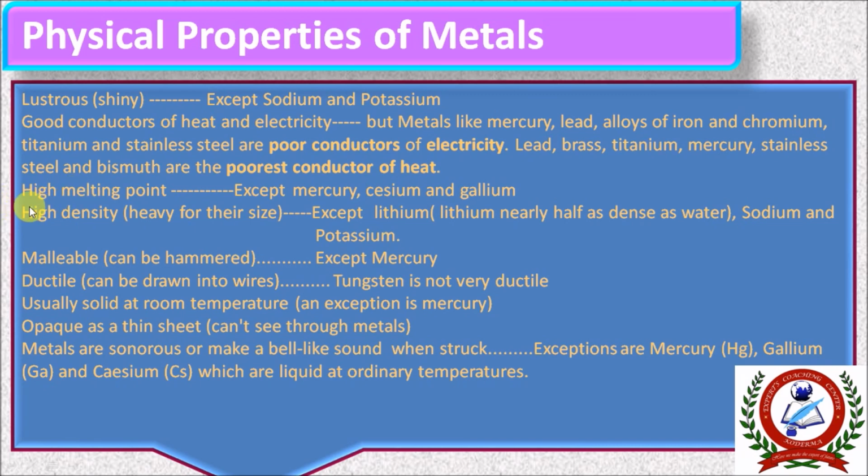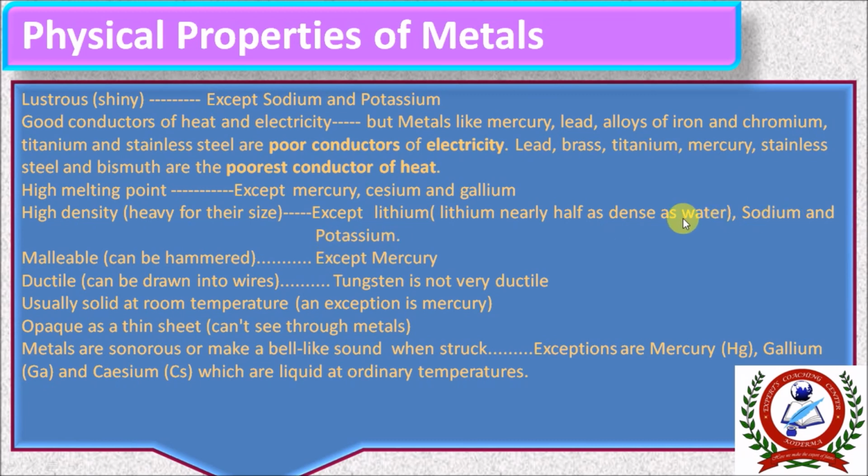If you talk about high melting point, metals have a high melting point except mercury, cesium, gallium. Metals have high density. It means they are heavy for their size, except lithium, because lithium is nearly half as dense as water.